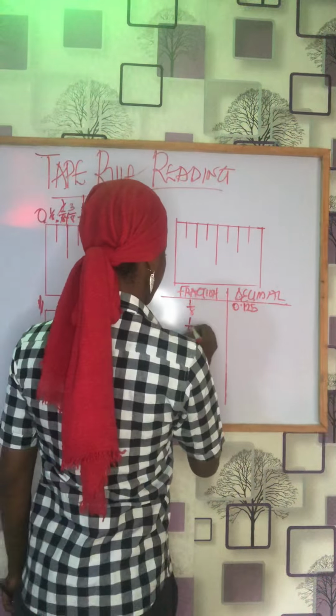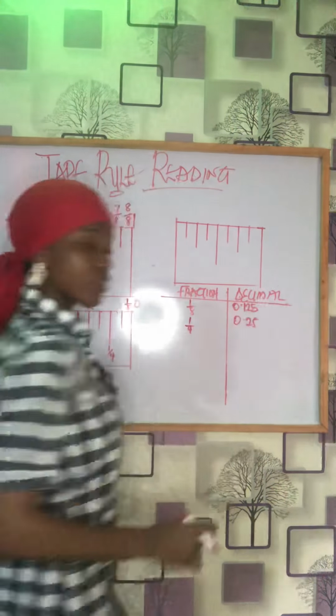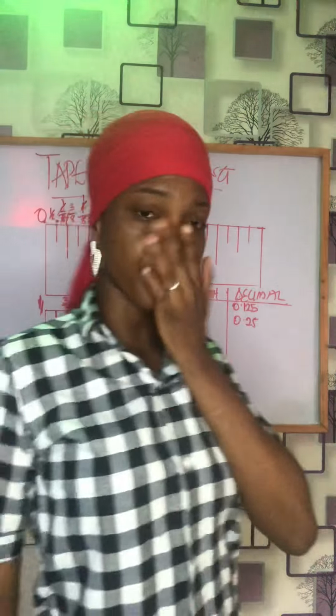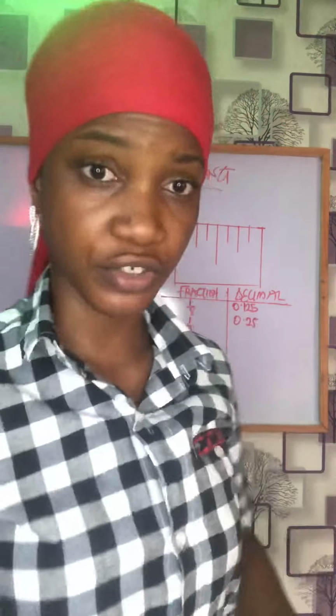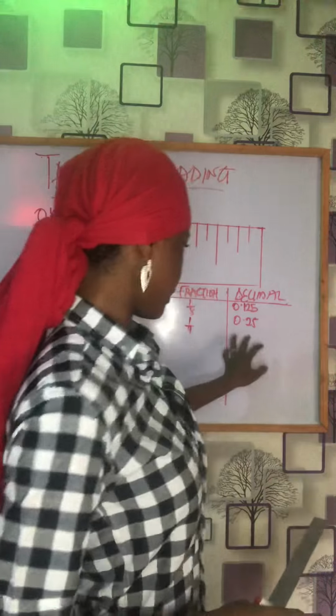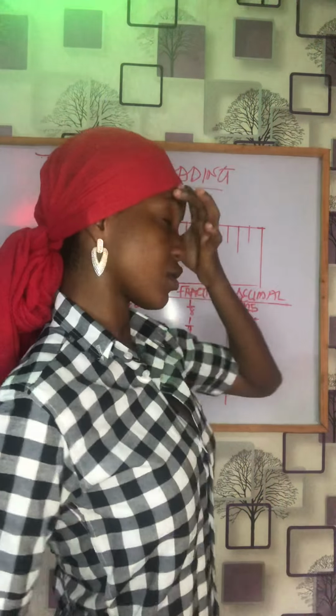1 over 4 is equal to 0.25. So in a situation whereby you don't have a tape rule and you want to quickly make some calculations, you use your phone, and maybe you measured someone and the person's weight is 28 1 over 4.